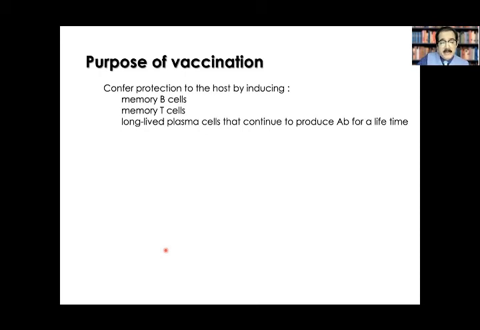And better yet, you have the creation of plasma cells that can produce antibodies for a lifetime, and they reside in your bone marrow. So if I had chickenpox when I was 5 years old, and I'm 50 years old, for the last 45 years I've been making these antibodies because I have these plasma cells that continuously make them.